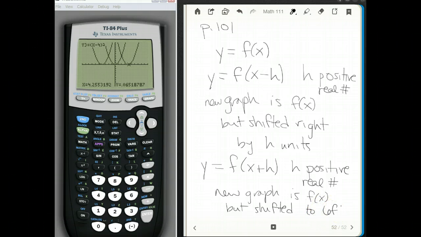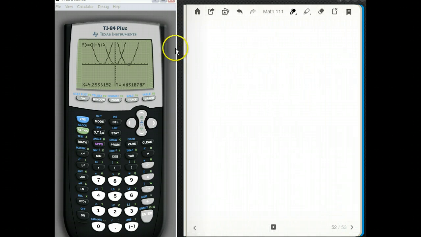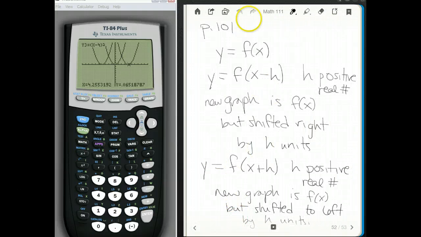To the left by h units. Okay? Good. The ones we just did right here are called horizontal shifts. So if I refer to horizontal shifts, that's what we're doing right here.